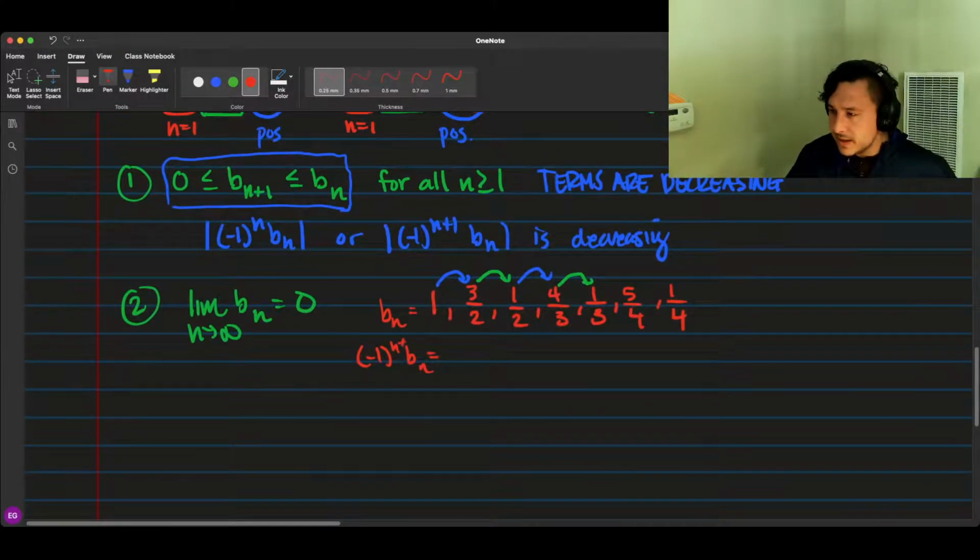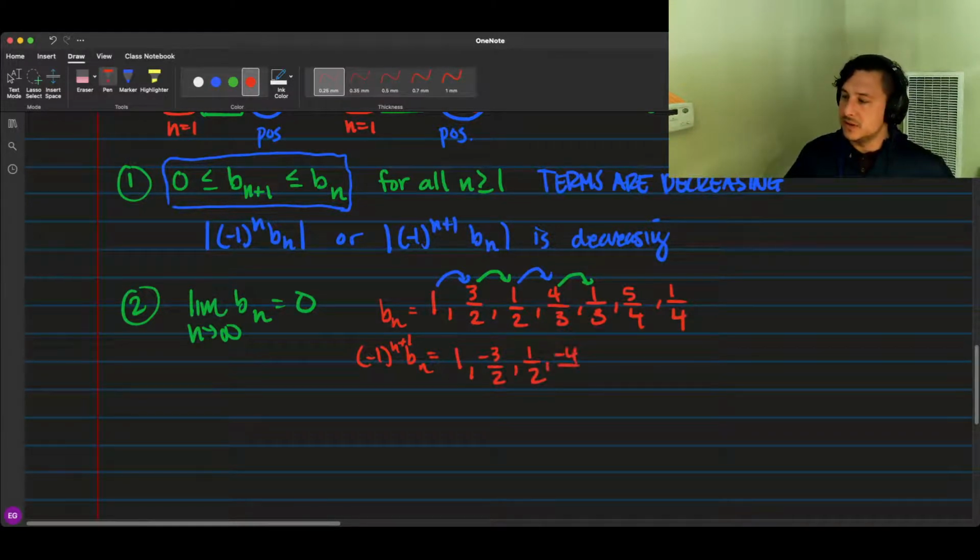So let's make this -1 to the n plus 1. You would get 1/2 minus 3/2, 1/2 minus 4/3, 1/3 minus 5/4, and so on. And then it becomes really confusing because you have to group them, right? So I'll just say that it's difficult.